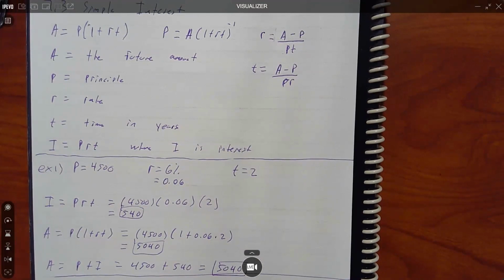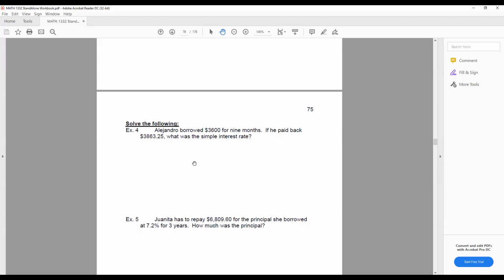For simple interest, this question, rate will equal almost the same, A minus P over P times T. So that'll be, let's do that on paper here.